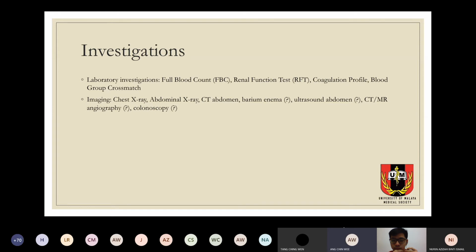And more important, this patient might need surgery, so you've got to know the coagulation profile. Similarly with blood group and cross match. If this patient is likely to need operation, you've got to do the blood group. Cross match, you don't do straight away; you can request for it later on. But you must do blood group and save.